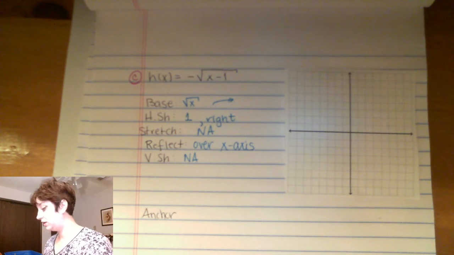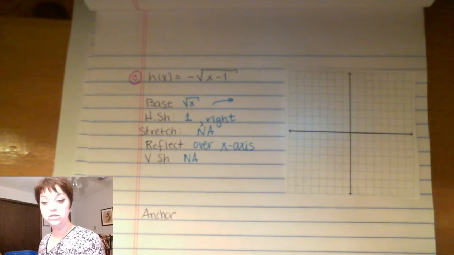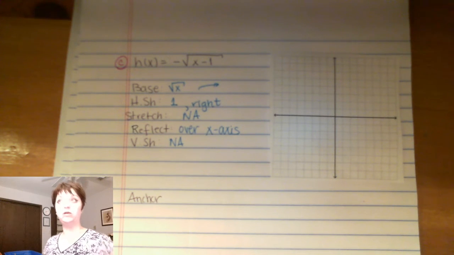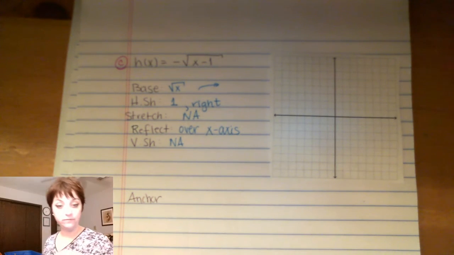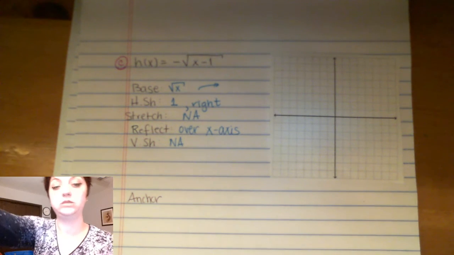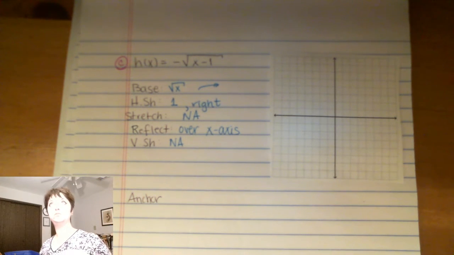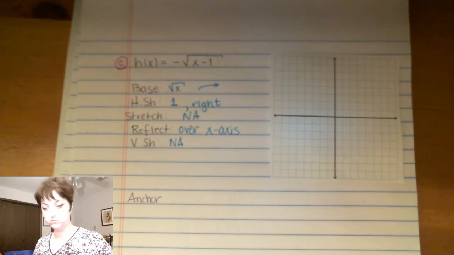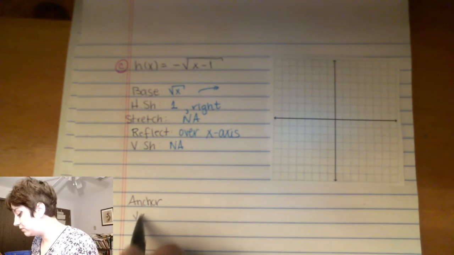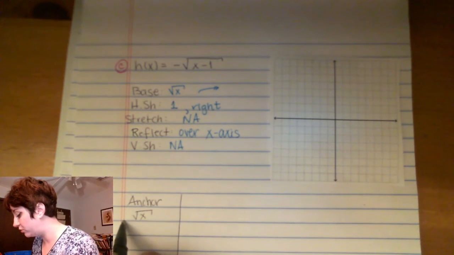So let's do it graphically. Let's actually do the points first, and then we will do it graphically. So I'm first going to list the points algebraically, and then I'm going to do the graph. Okay. So my anchor is the square root of x. Remember that the anchor points are just any 3 points you want to start with.